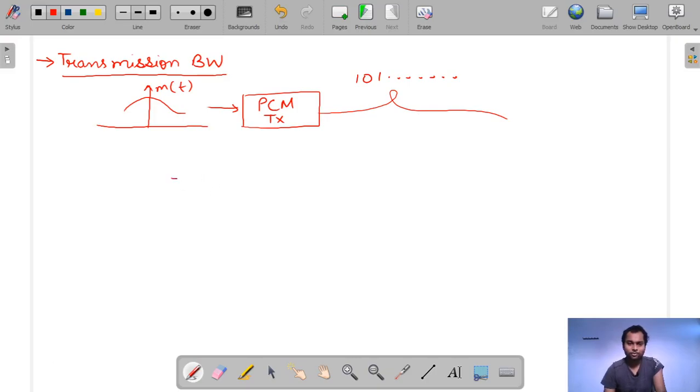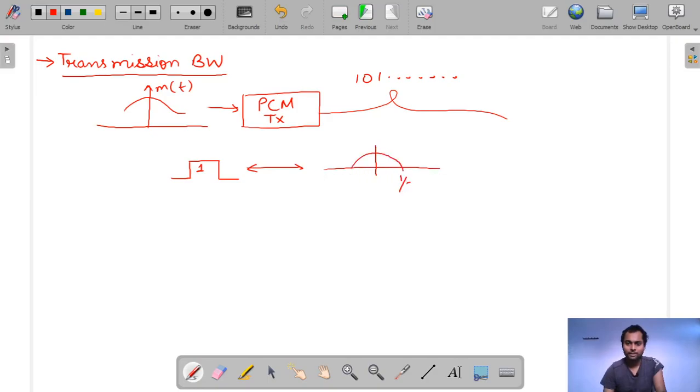Now let's suppose there is a rectangular signal, and this is 1 bit, bit 1, represented as the high voltage. So when it is transmitted, and when we change this signal into the frequency domain, we will get it like this.